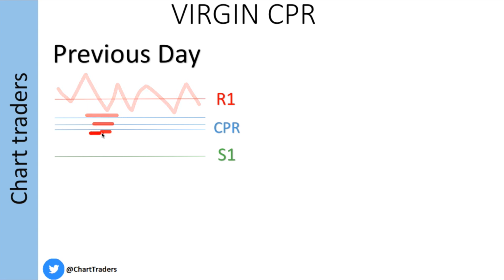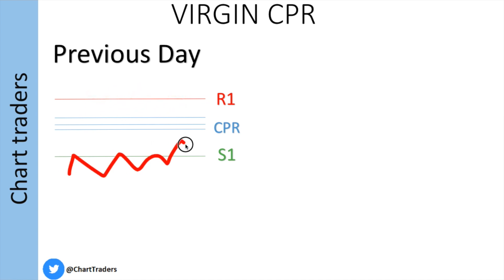This is known as Virgin CPR, when the price moves above or below the CPR but does not touch any blue line. With the help of this concept, on the next day you can take a trade.